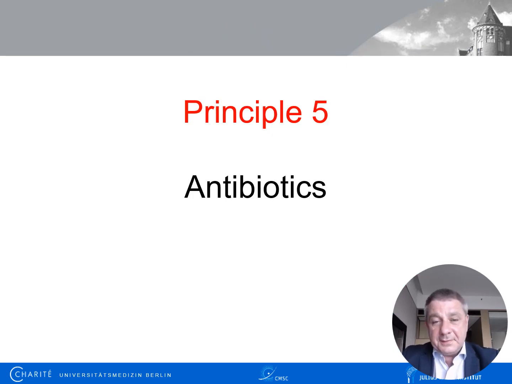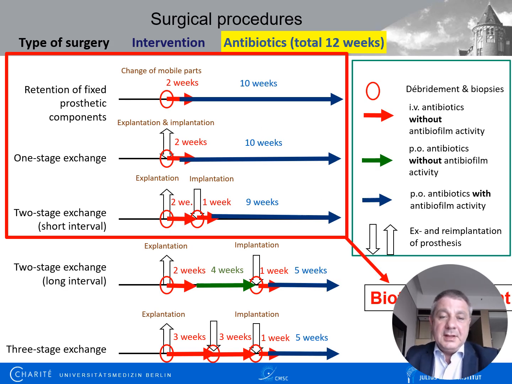This brings me to the fifth principle after surgery, which is antibiotics. We will hear more about the type of antibiotics later, but it's important to realize that duration is 12 weeks, but most of the time we can use oral antibiotics with biofilm activity after the prosthesis is replaced, or if the prosthesis is retained, then we can start with a biofilm active antibiotic as soon as the wound is dry.